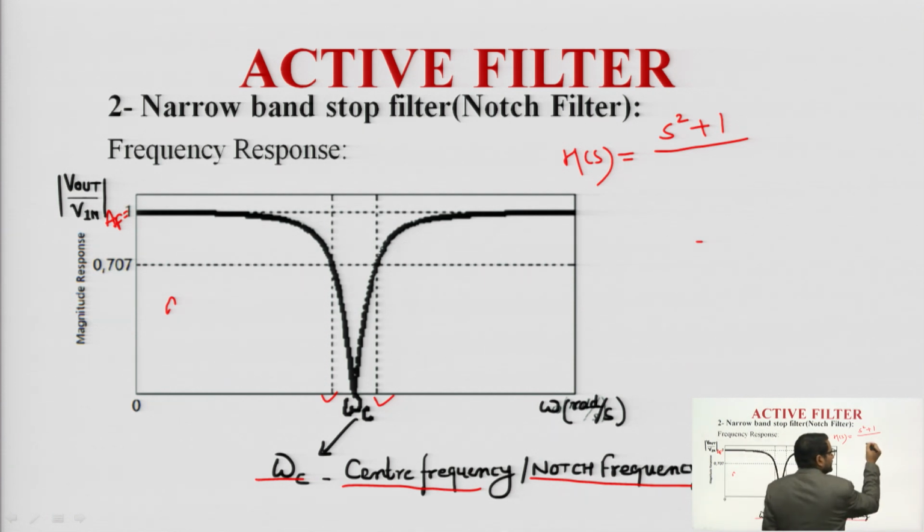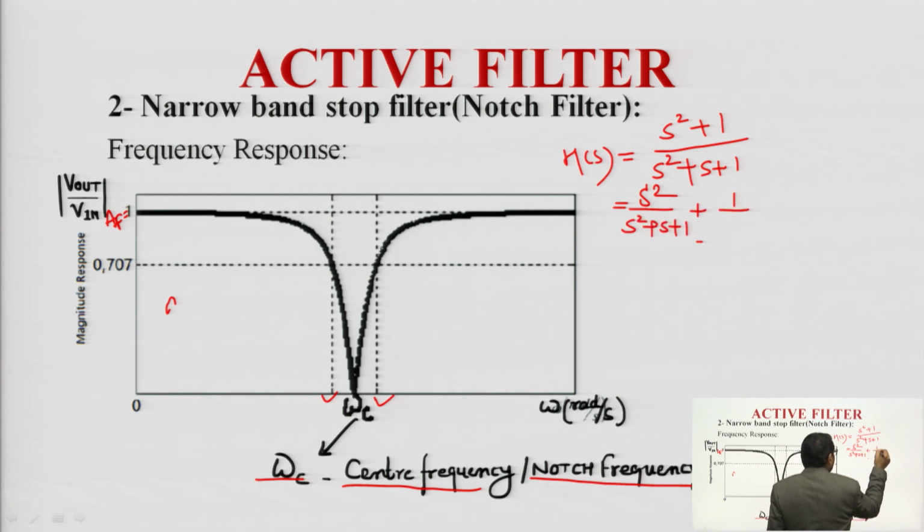Then we get the transfer function looking like S square plus 1 over S square plus S plus 1.